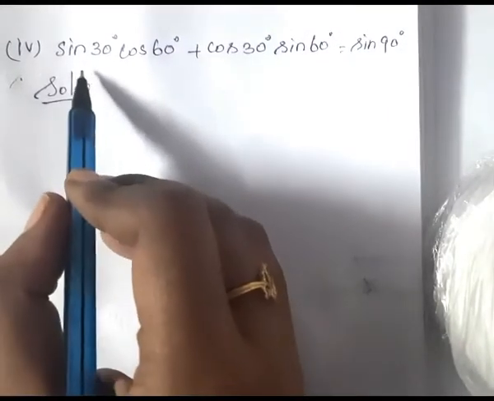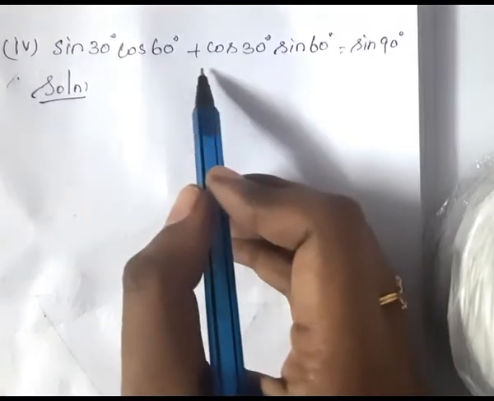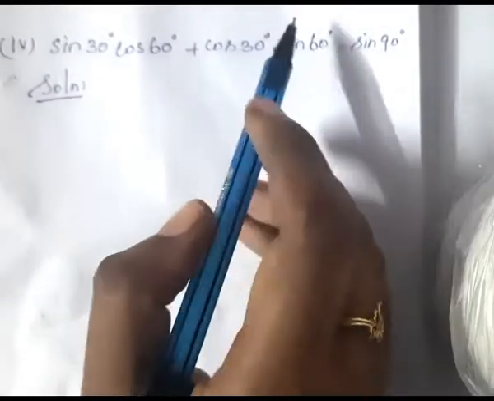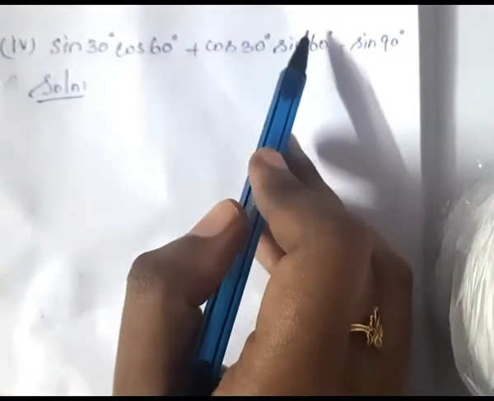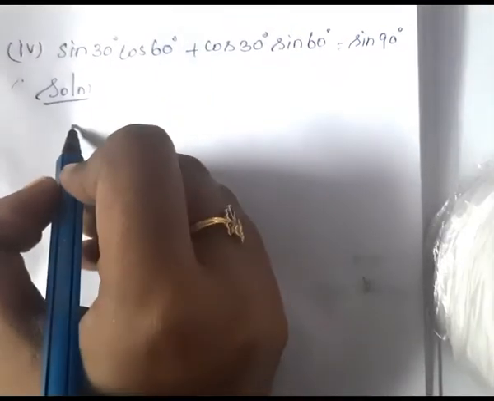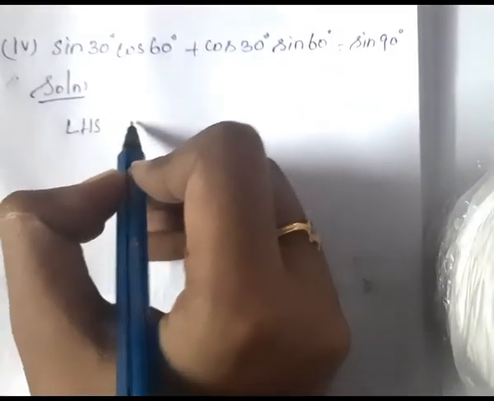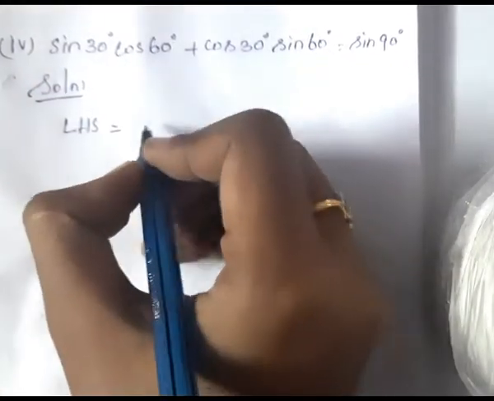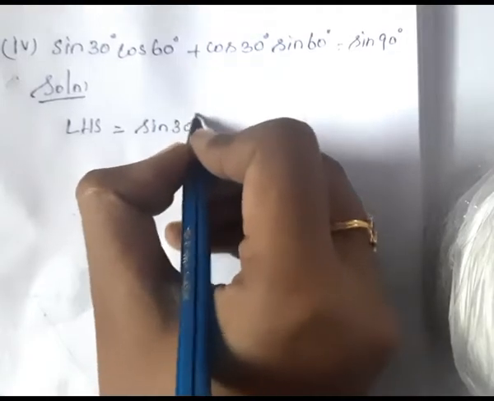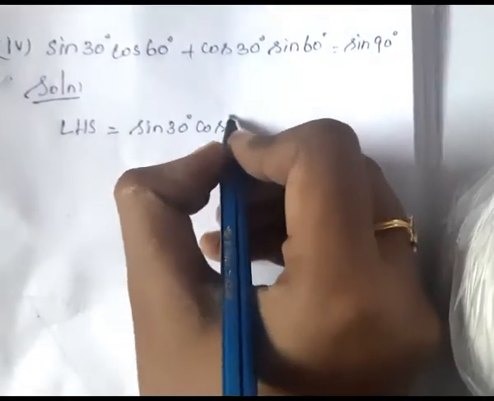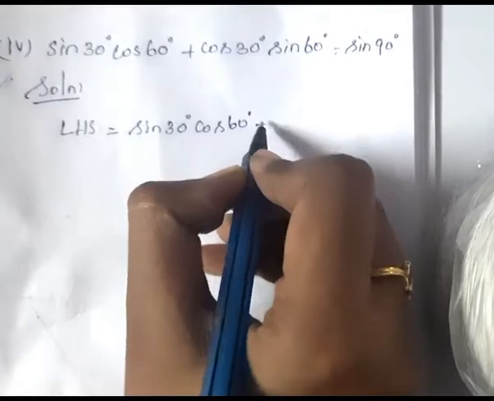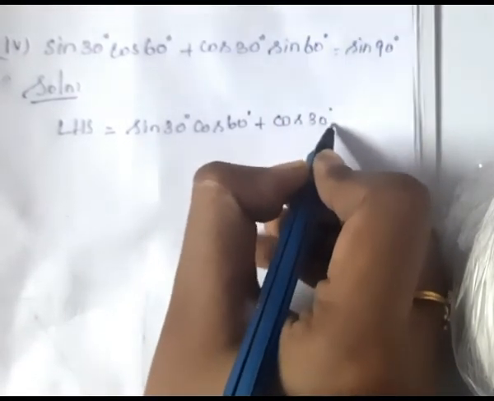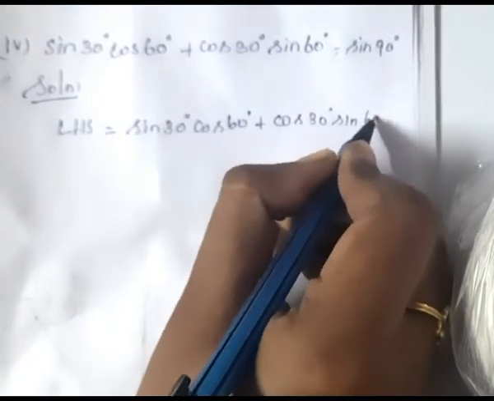Next problem, sin 30 degree cos 60 degree plus cos 30 degree sin 60 degree equal to sin 90 degree. First you can take this part, that means LHS, left hand side, equal to sin 30 degree cos 60 degree plus cos 30 degree sin 60 degree.